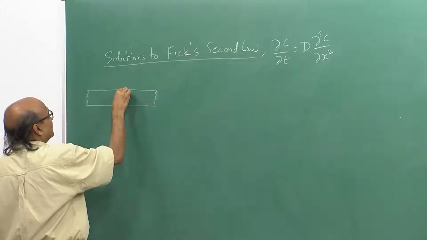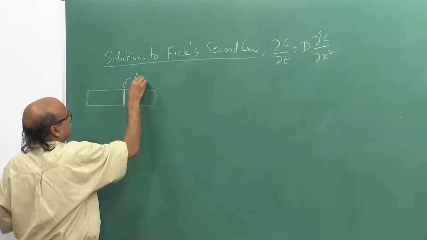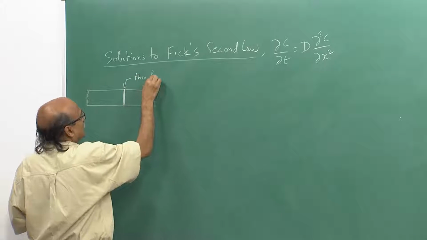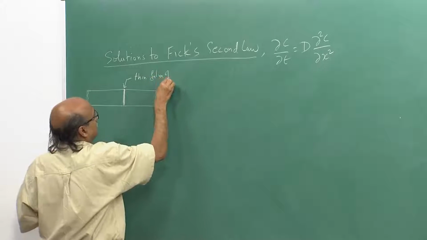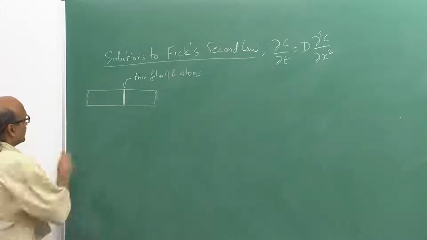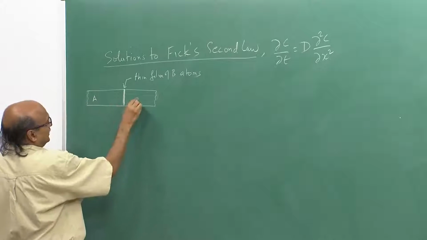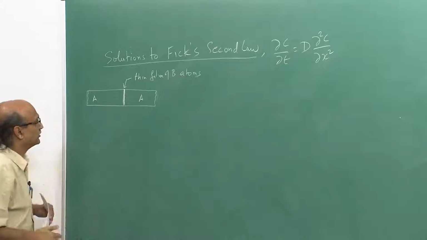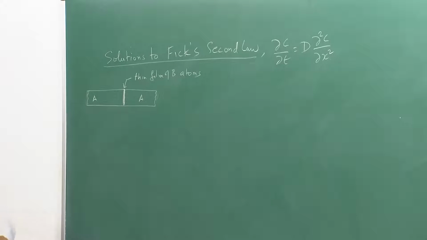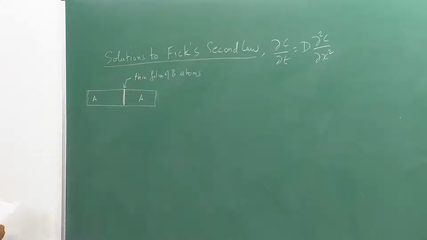So, I have a thin film of B atoms, and out here I have A atoms, and on this side also I have A atoms, forming some crystal structure.